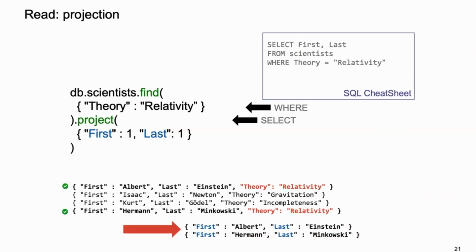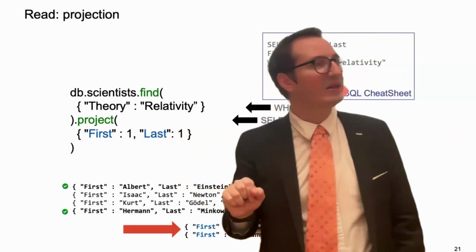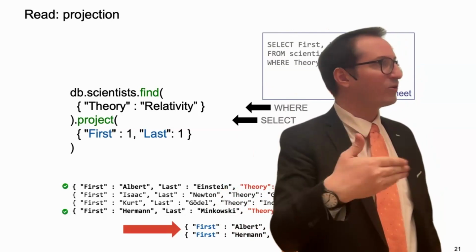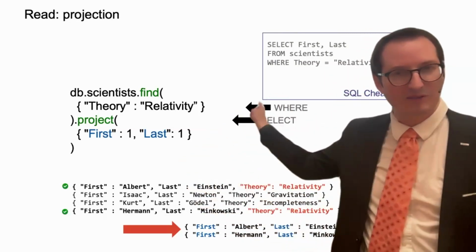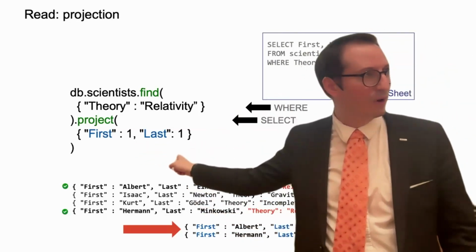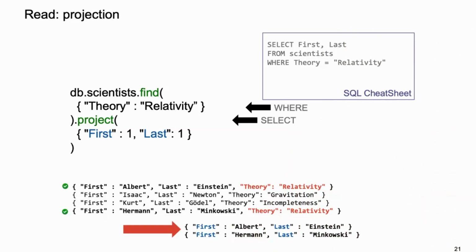Very good. Something more. I told you 1 or 0 in here. Well, in SQL, we only know how to project onto something. So the equivalent in SQL would only use ones everywhere. What does it mean when you use a 0? It means you project away. You're basically saying, I want all of the keys except this one and this one and this one.